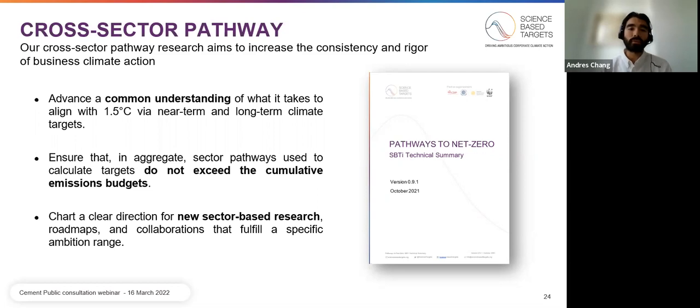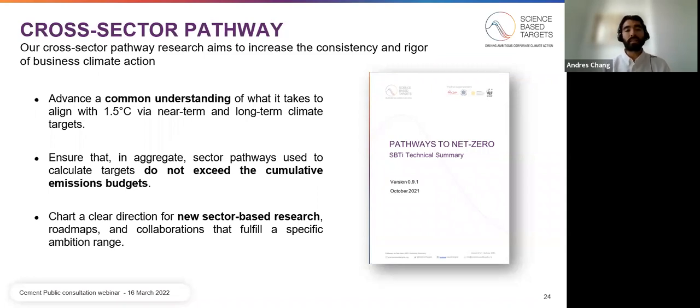For anyone who's keeping up to date on climate news, you know that we have a very brief window to actually align with 1.5 degrees. 1.5 degree aligned targets are not easy and require rapid reductions in emissions from virtually every sector. Some of the work around pathways is to ensure that in aggregate across our different sector projects, these pathways don't exceed a cumulative emissions budget.